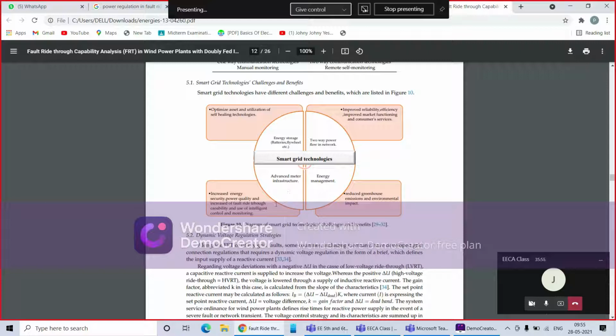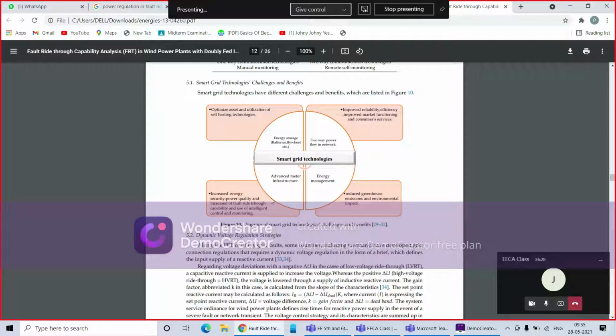So how are these advanced meters benefiting us? Increased energy security. Earlier, energy thefts were there. People put their wire and take power unauthorizedly, illegally. So that was wrong. And now with advanced meters, we have increased energy security, power quality, increased fault ride through capability, and use of intelligent control and monitoring.